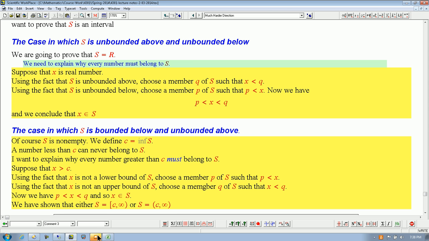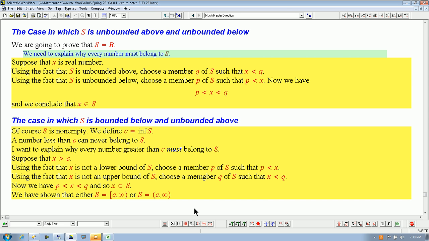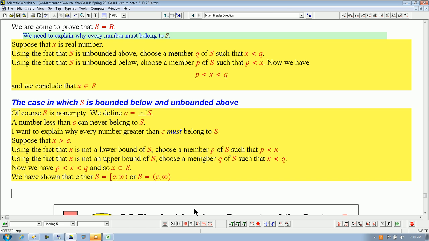Numbers less than C never belong, and C, I have no idea. So if C belongs, our set is this, and if C doesn't belong, our set is this. Do you understand?